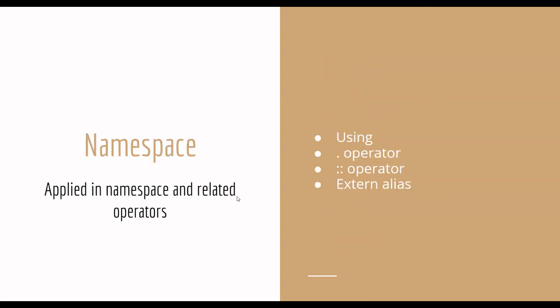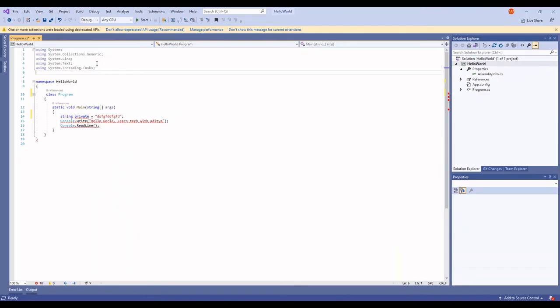The next one is the namespace keywords, which are applied with the namespace and related operators. When you have to bring another class into a namespace, you use the using keyword.